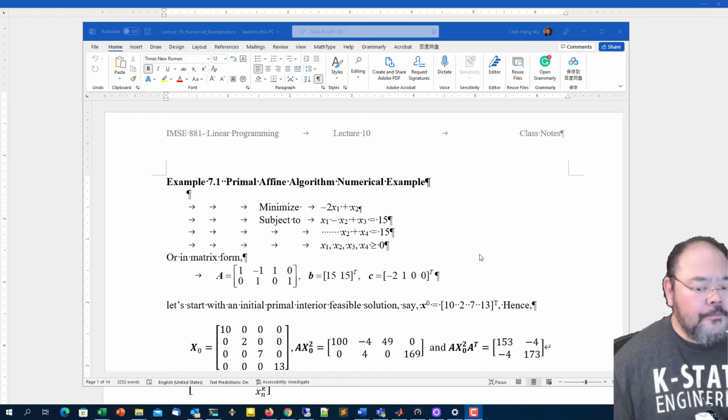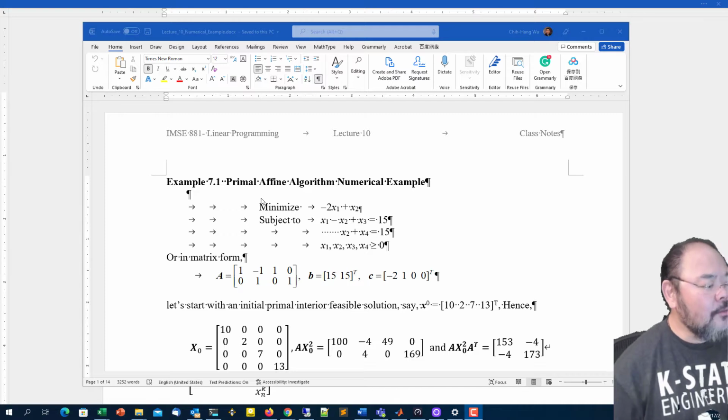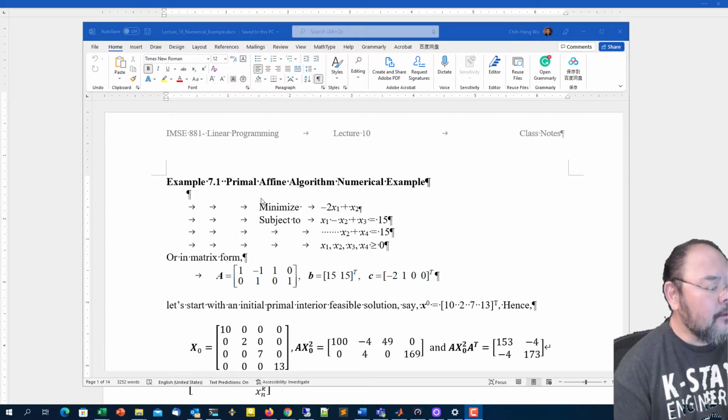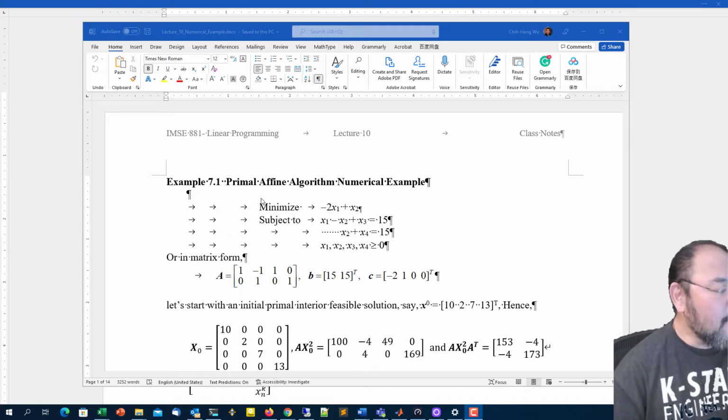So let's begin with example 7.1, a primal affine algorithm numerical example. We have this linear programming problem: minimize -2 times x1 plus x2, subject to x1 minus x2 plus x3 equals 15 and x2 plus x4 equals 15 as well. x1, x2, x3, and x4 are non-negative.